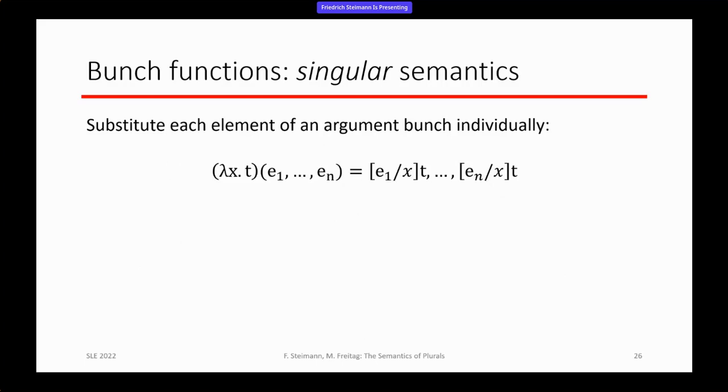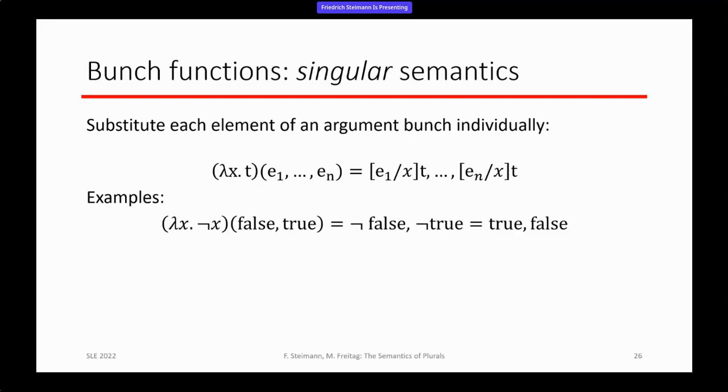There's a rule of substitution, like in the lambda calculus. When you apply a function to a bunch, you apply the function to each element of the bunch individually. So you substitute each element of the bunch for x in the term, and then you get a bunch of substituted terms, which is the result of the application.